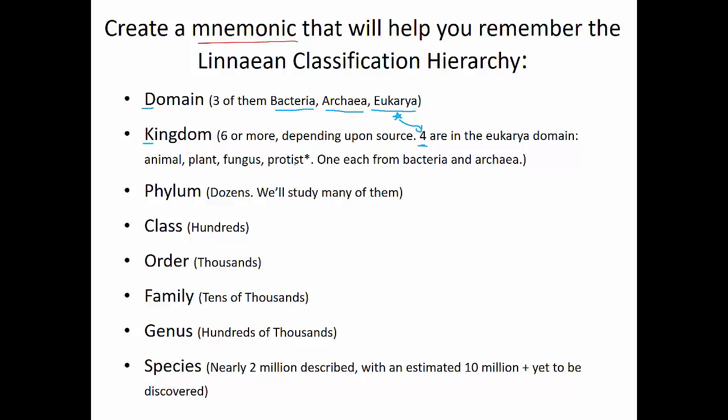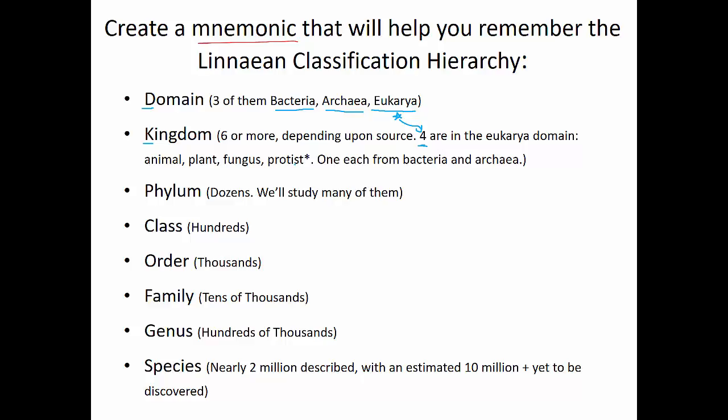Basically, it has been used in the past as a group for organisms that don't fit nicely into animals, plants, or fungus kingdoms. But now that we have some more technology where we can look at these organisms in a little bit more detail, they're trying to decide how they should reclassify those organisms. So stay tuned. They might pick something soon. So there are 4 kingdoms in the eukarya, 1 in bacteria and 1 in archaea.